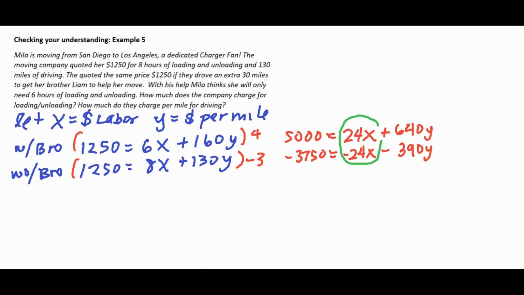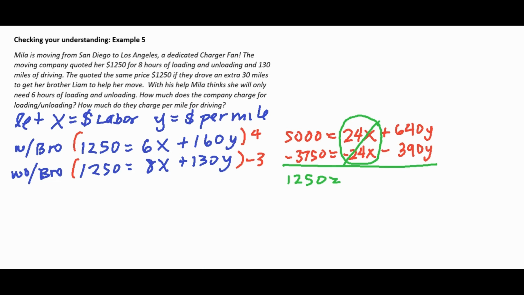Now I can use elimination. In other words, I'm going to add the columns together. I start off with 5,000 plus negative 3,750, and I end up with 1,250. Negative 24x and positive 24x become 0. That's the purpose of doing it this way, so we can eliminate the x variable.